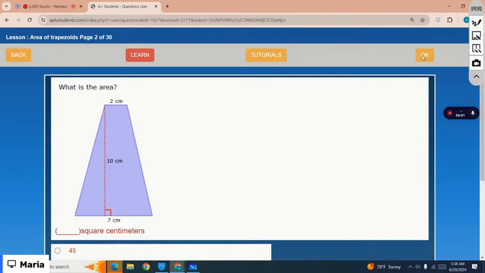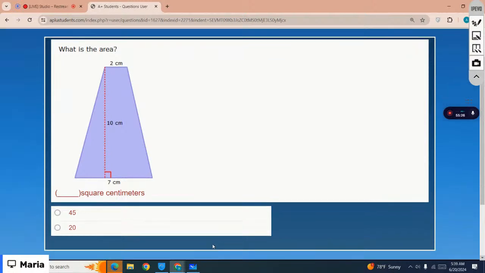So which is the correct option? The correct option is 45 square centimeters.